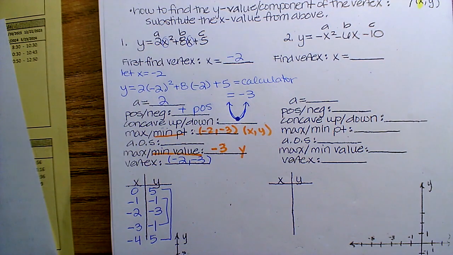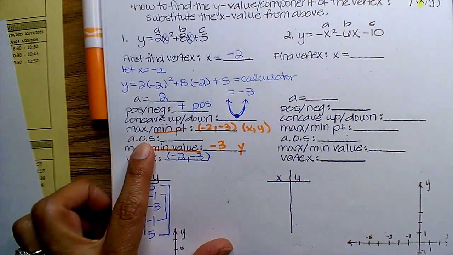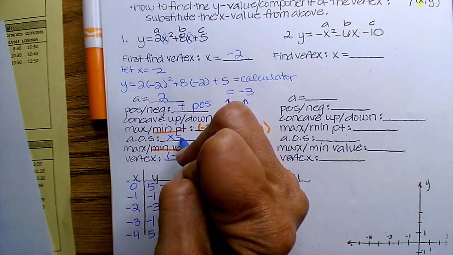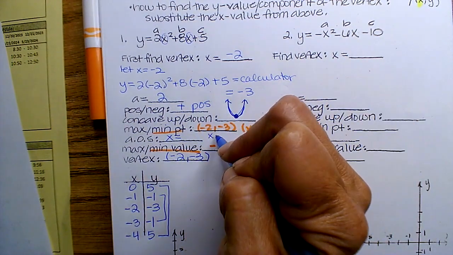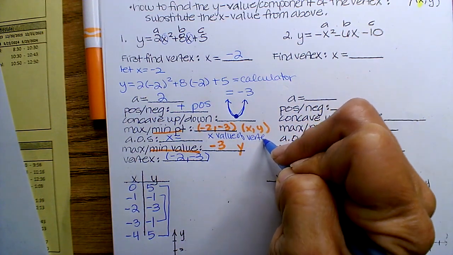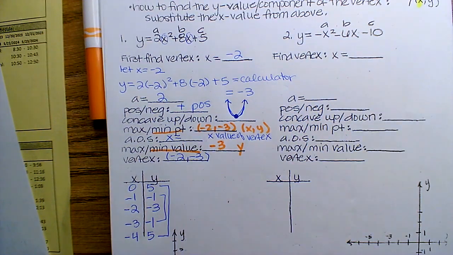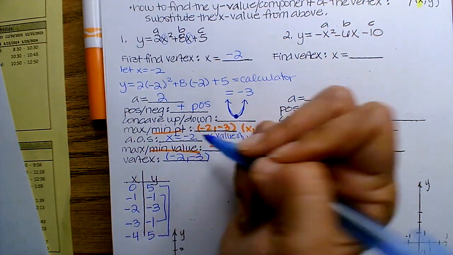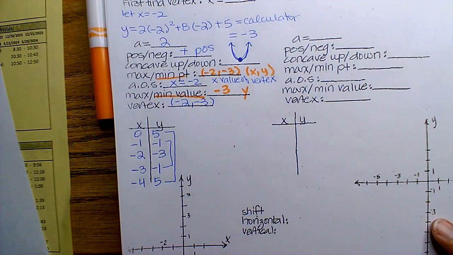All right. What's my axis of symmetry? It's your x value to the vertex. So x equals what? Right, -2. And then you guys could just plot it, yeah?